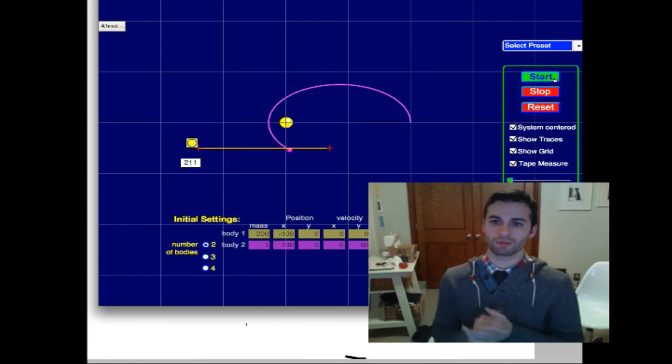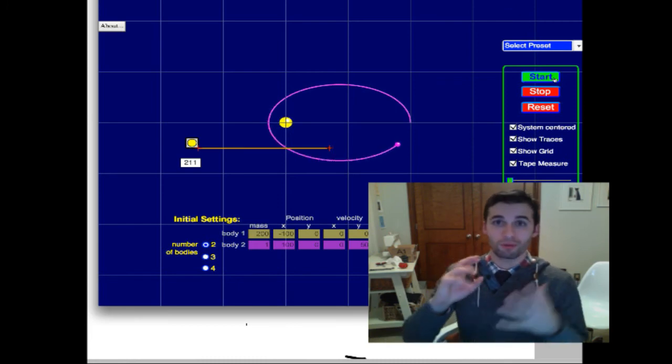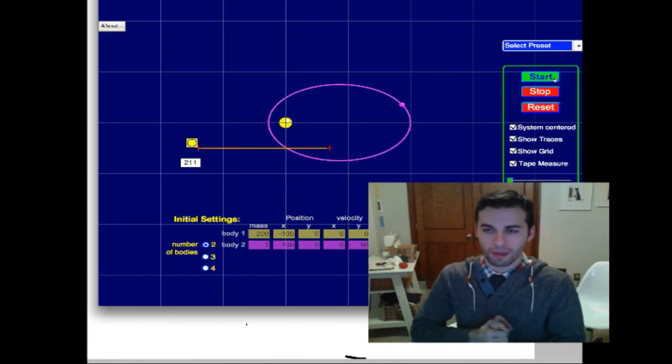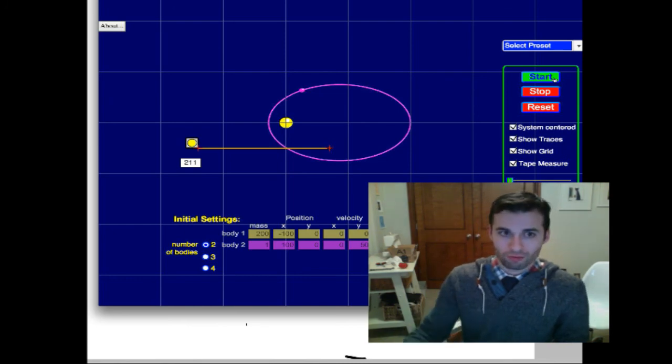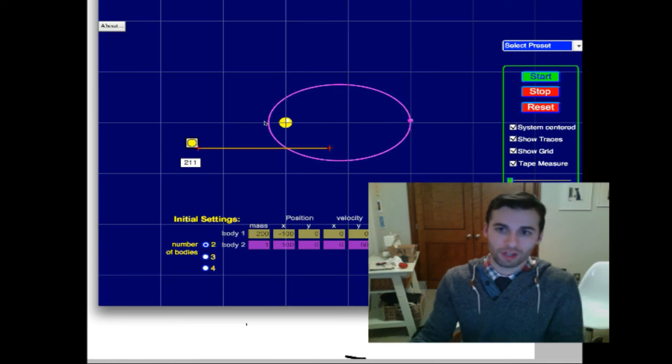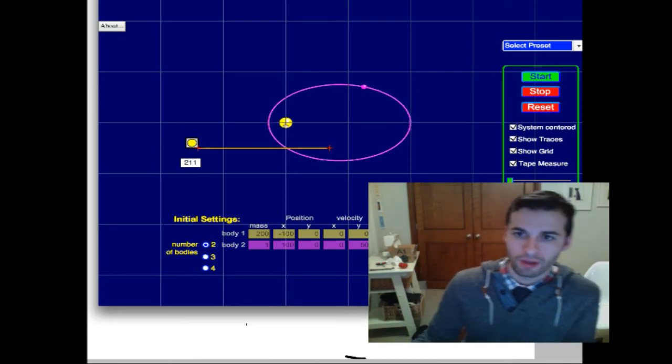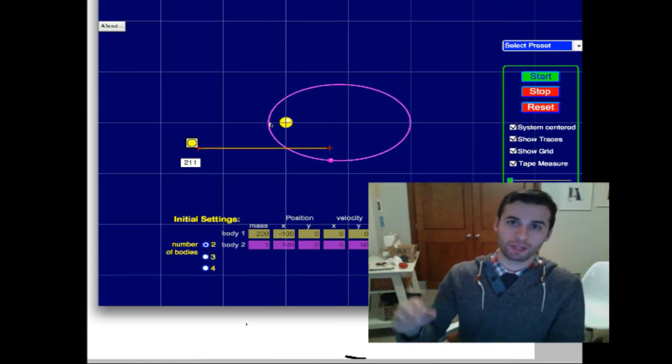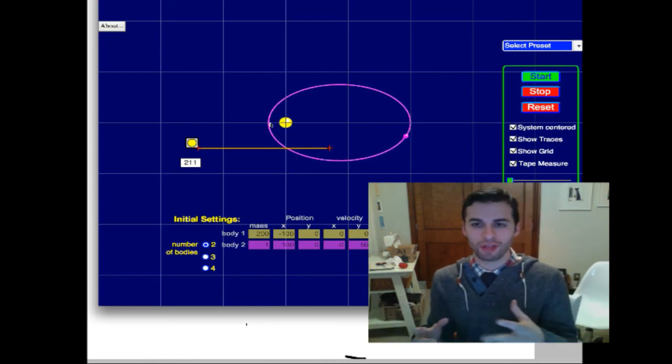Excellent. Okay, so we don't enter the sun, so our planet's not dead. Awesome. Now, if you look right here at this section closest to the sun, it whips around there very quickly. Well, a couple reasons for that.